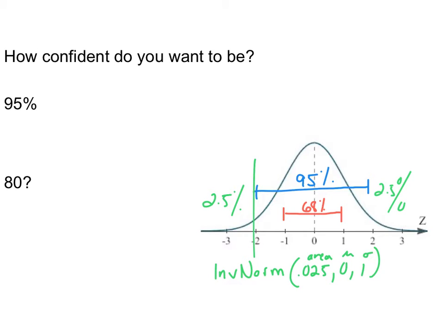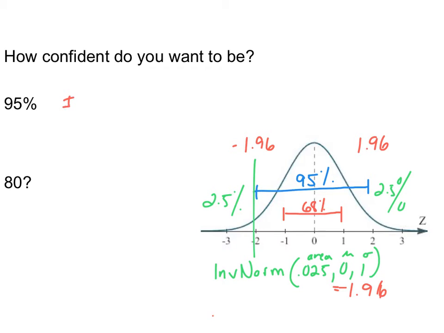If you've got the newer calculators, the CE version, it will do the center. So you could put 0.95 in for your area, and it'll give you the exact interval. But when I put this into my calculator, I got negative 1.96. And it's negative because it's below the mean. So you should recognize that you're going to capture 95% of your data if you go 1.96 standard deviations above and below that mean.